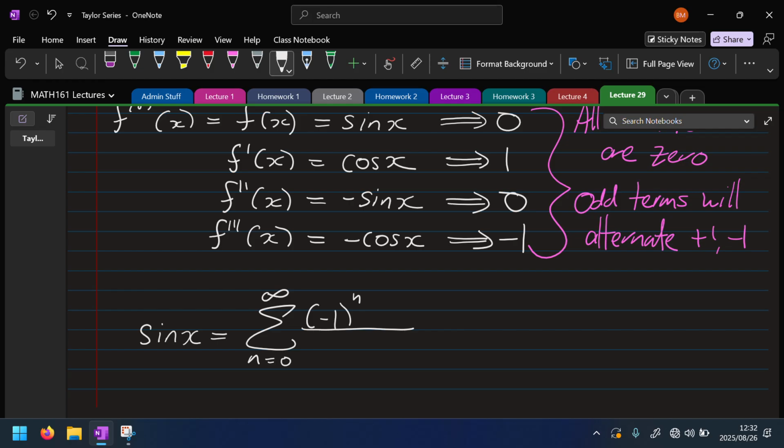So we only want the odd ones. No, the bottom part, for the factorial. So we want only the odd factorials. It won't be n factorial, that includes everything. Think about it. How do we get all of the odd numbers? So we want 1, 3, 5. We want all of the odd ones at the bottom.